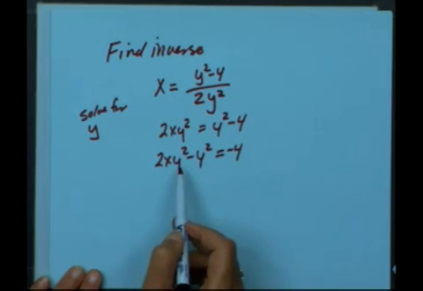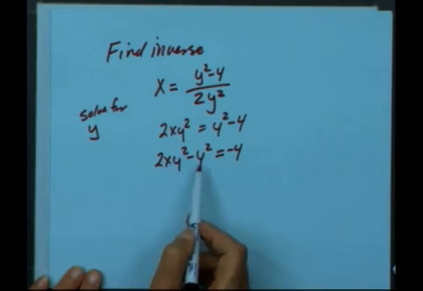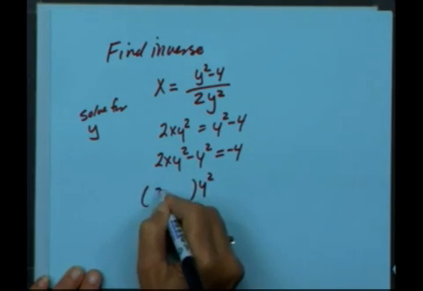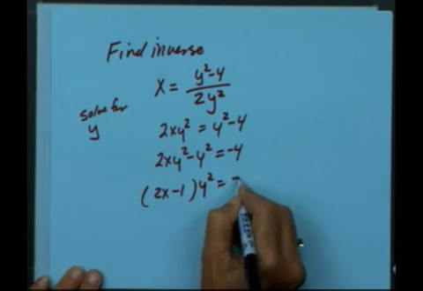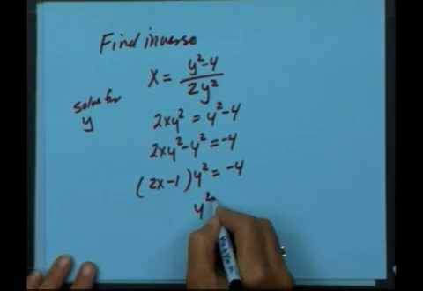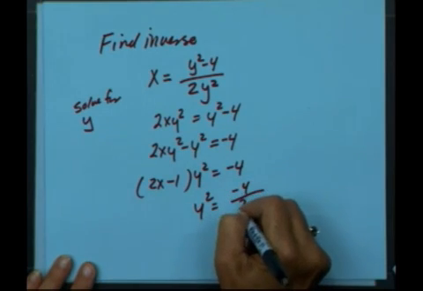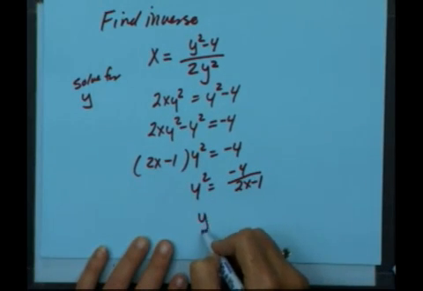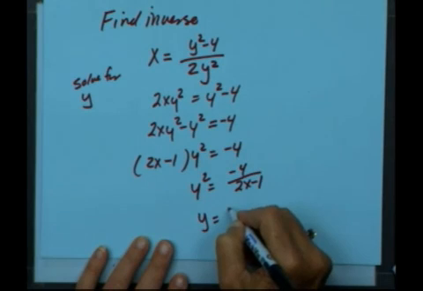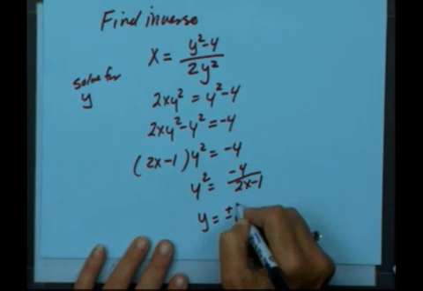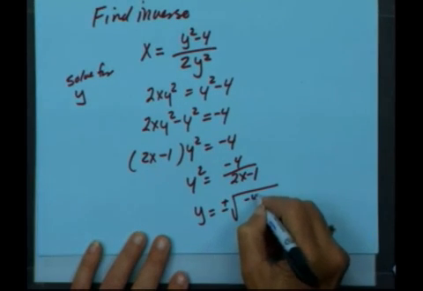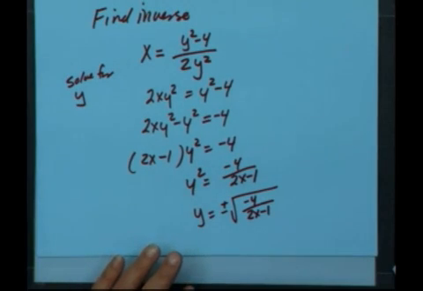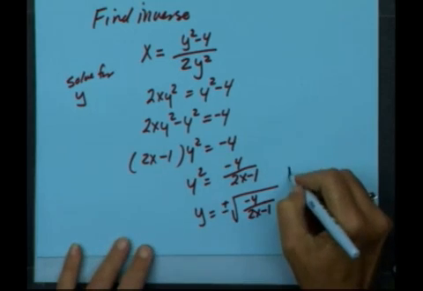Remember, if I'm solving for y, I have to get y on a side by itself, so we factor out a y squared: y squared times 2x minus 1 equals -4. So y squared equals -4 over 2x minus 1. Using the square root principle, y is plus or minus the square root of -4 over 2x minus 1. But we have a big alert here.